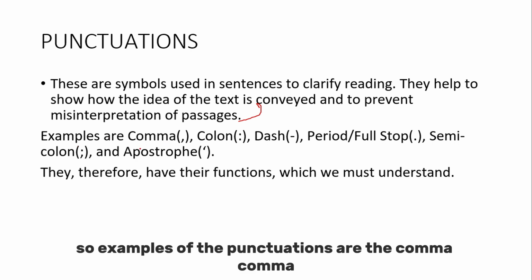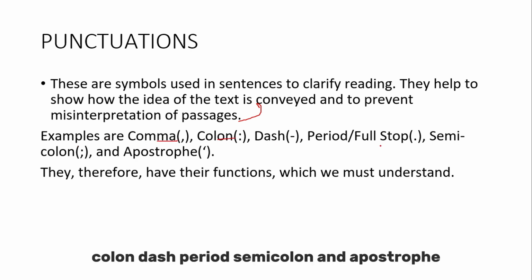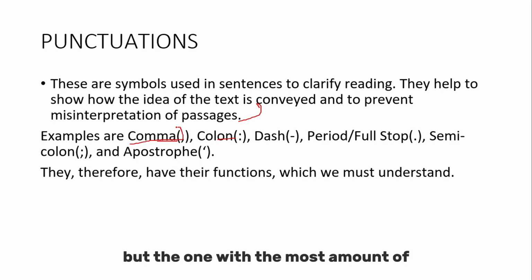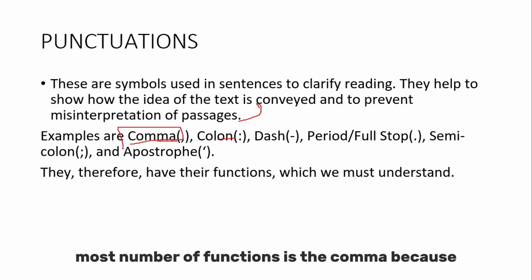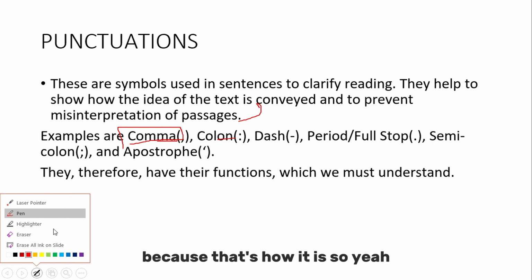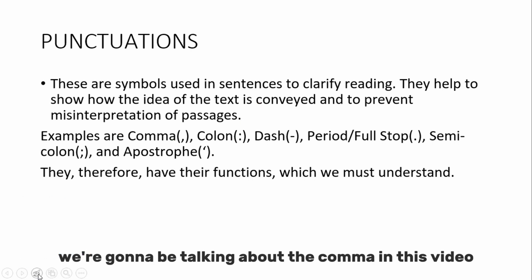Examples of punctuation are the comma, colon, dash, period, semicolon, and apostrophe. All of them have their functions. Some have similar functions, but the one with the most functions is the comma. So we're gonna be talking about the comma in this video.